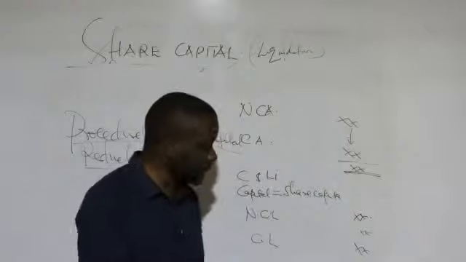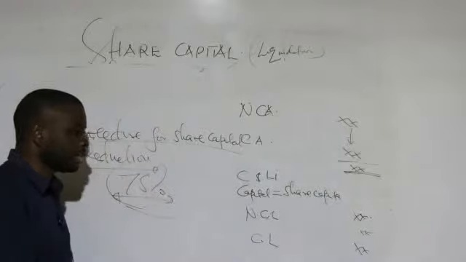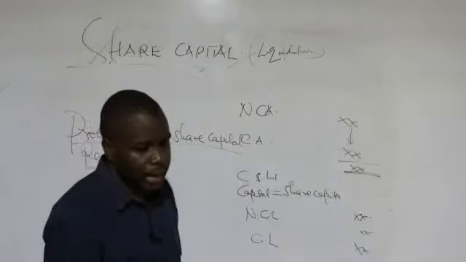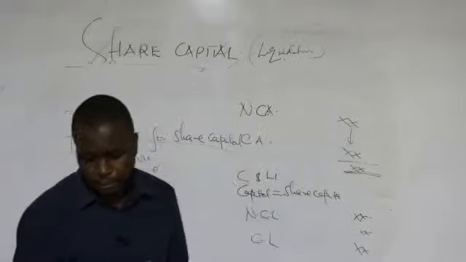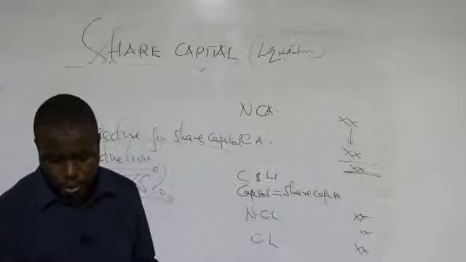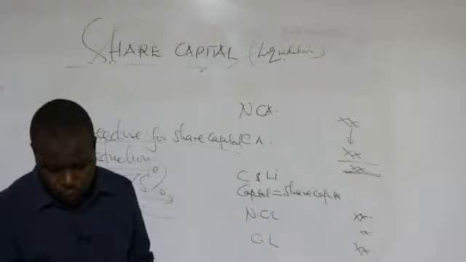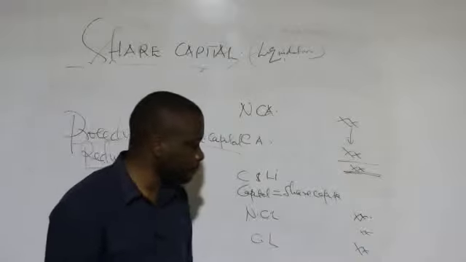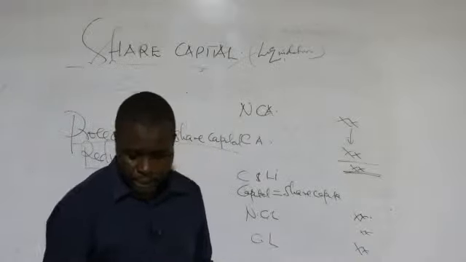Then sometimes the company could decide it is not going to pay all its profits as dividends. So they could put aside some of the profits. This is what we term as capitalization of the profits, or profits that are put aside, so they are not fully paid to the shareholders.